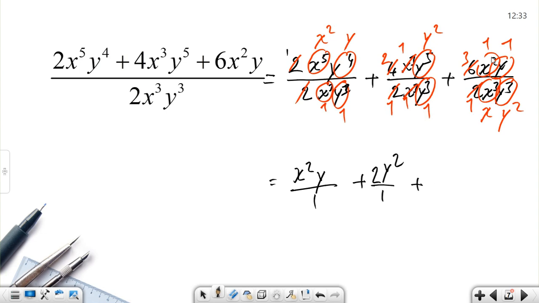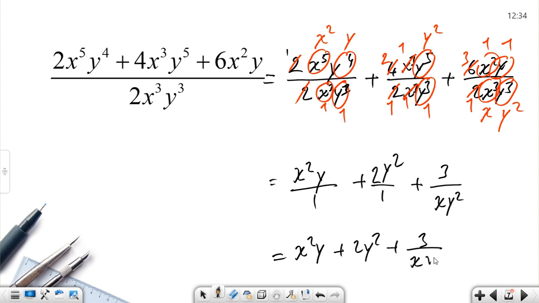Plus 3 times 1 times 1, 3 over 1 times x times y squared, x y squared. Here of course the denominator is 1, we don't have to write it. Any number divided by 1 is itself. x squared y plus 2y squared plus 3 over x y squared. This is the last algebraic expression. When we simplify all these algebraic expressions by this term, we will get x squared y plus 2y squared plus 3 over xy squared.